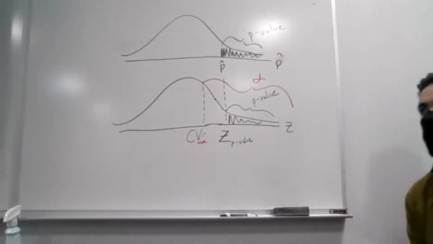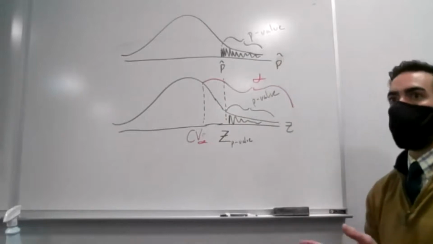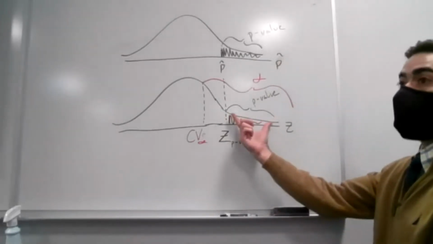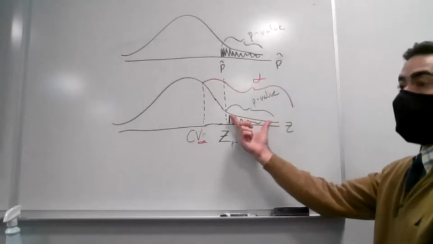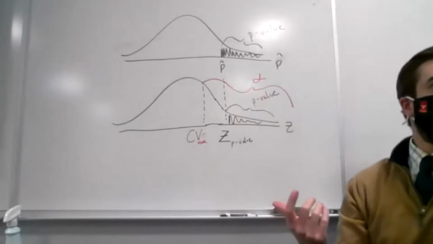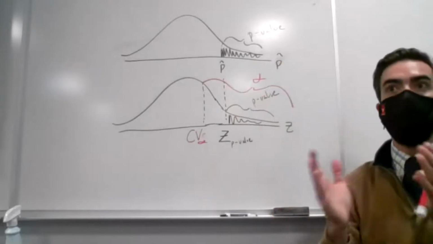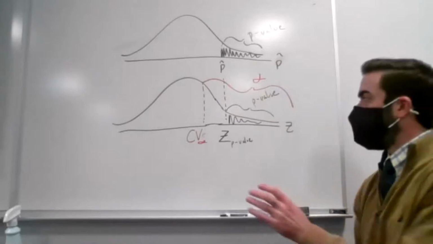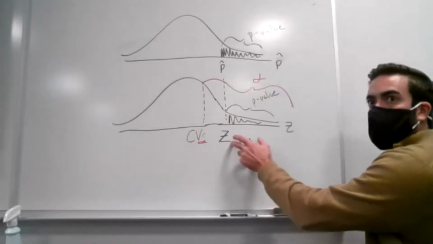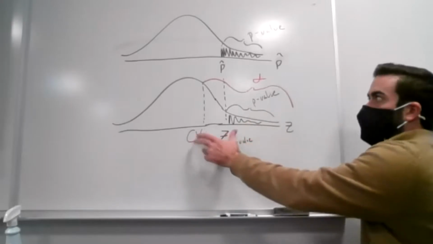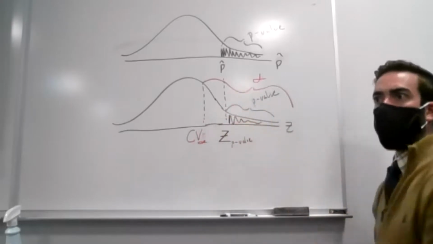So notice, when I use the p-value approach, I was comparing the area in the tail, the p-value, to my cutoff area in the tail, alpha. When I use the critical value approach, I'm comparing my test statistic associated with that p-value to the critical value that's associated with the specified alpha.